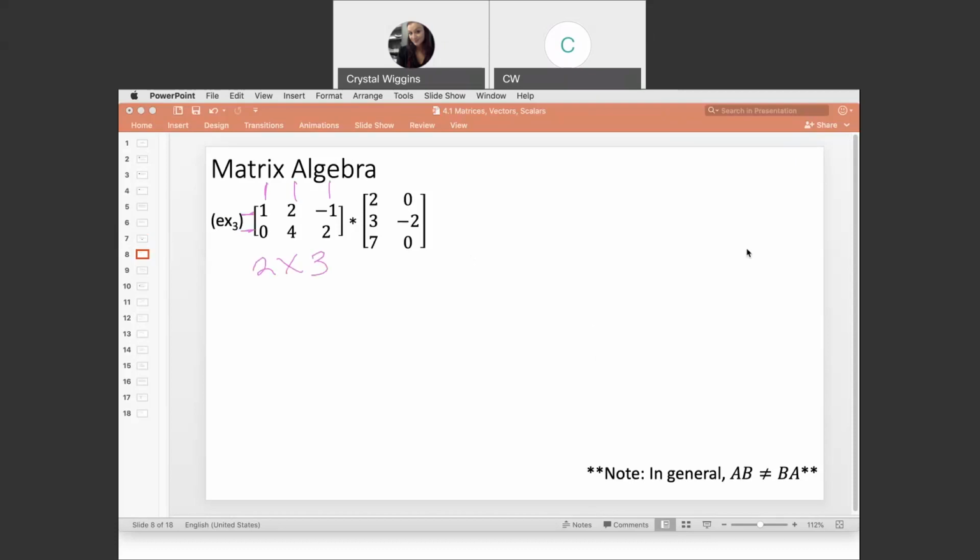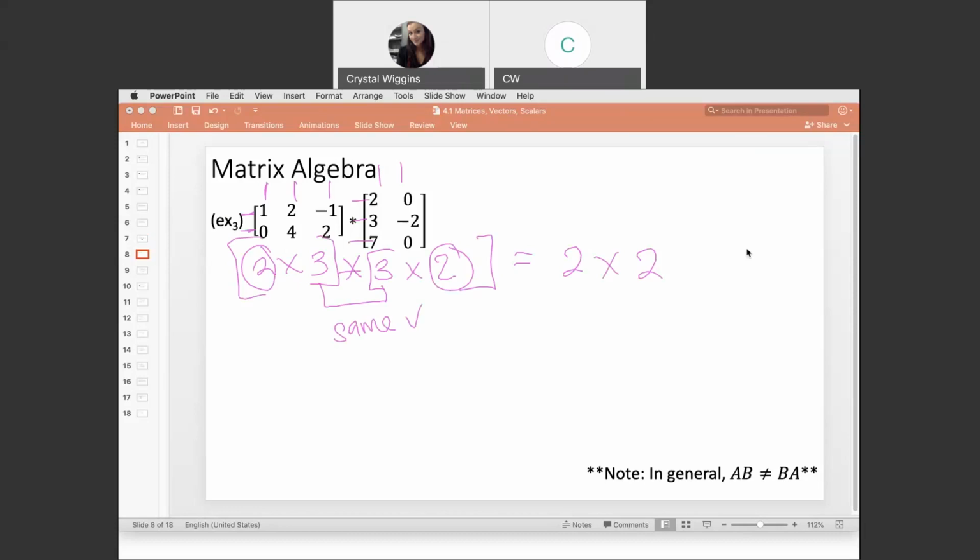And this one here has 3 rows and 2 columns, making it a 3 by 2 matrix. I'm verifying that the inner dimensions are the same, which means that matrix multiplication is allowed. And I'm also going to recognize that when I multiply these matrices, I am going to result in a 2 by 2 matrix.